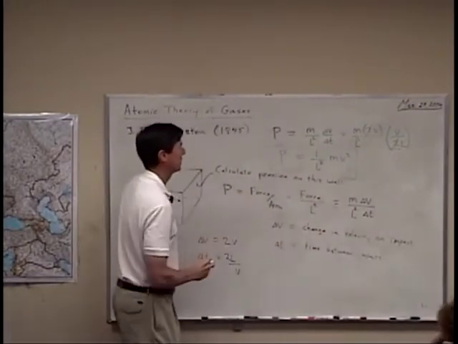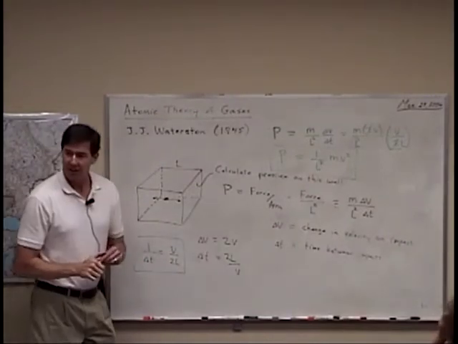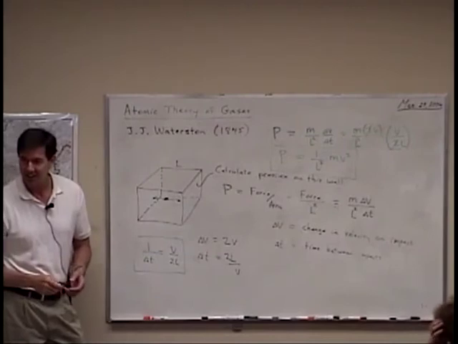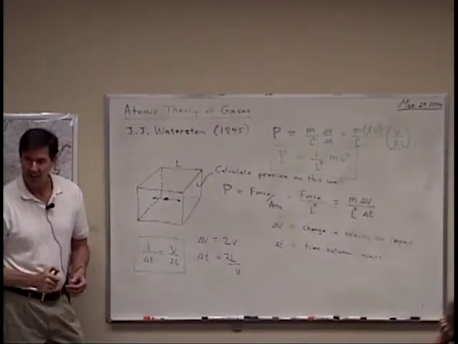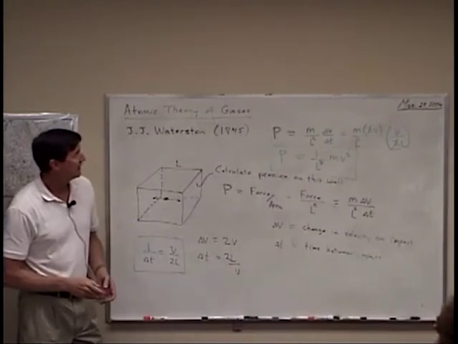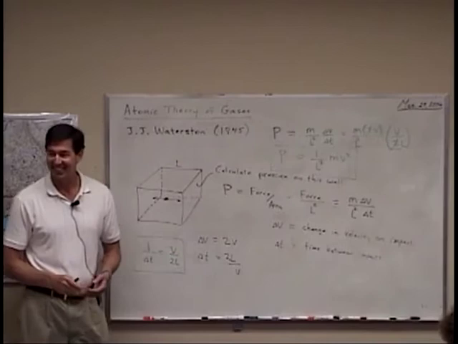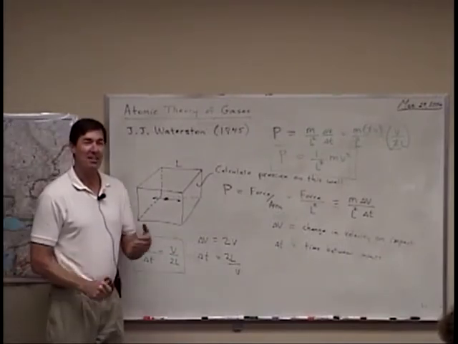Well, that's kind of an interesting equation. Does anybody have a term for the mass of an atom? Oh, yeah, it's called the mass of an atom. Well, it depends on the atoms.